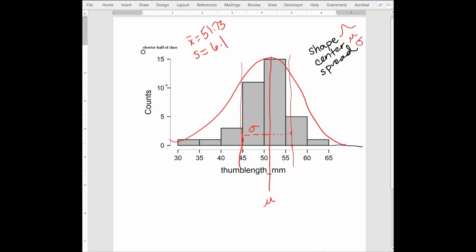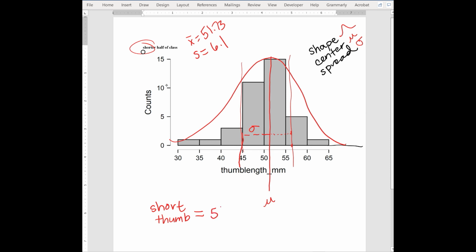So I'm going to say, since this is the shorter half of the class, for people who are short, their thumb lengths, I'm just going to say thumbs, is about, let's say 51.8.